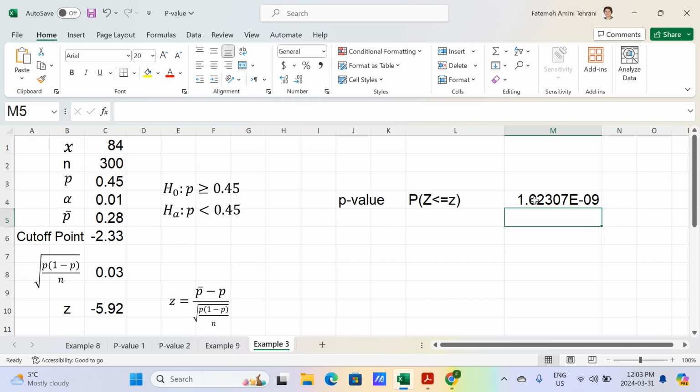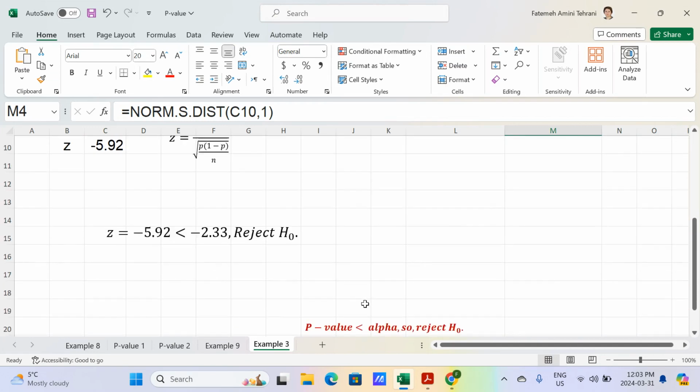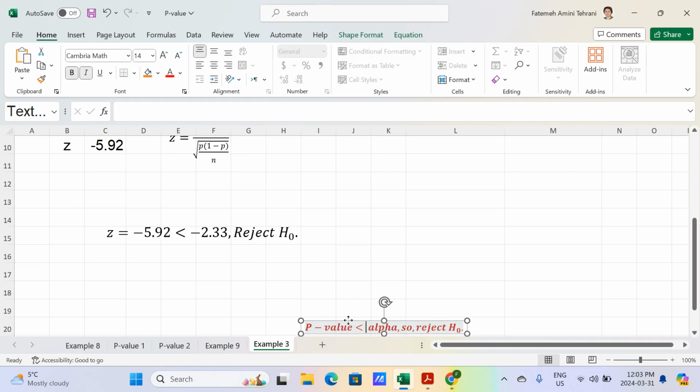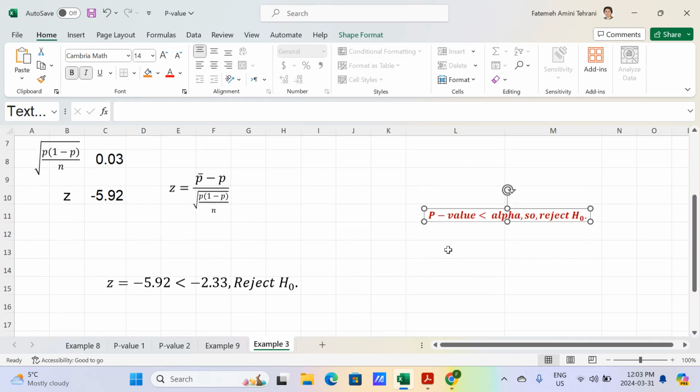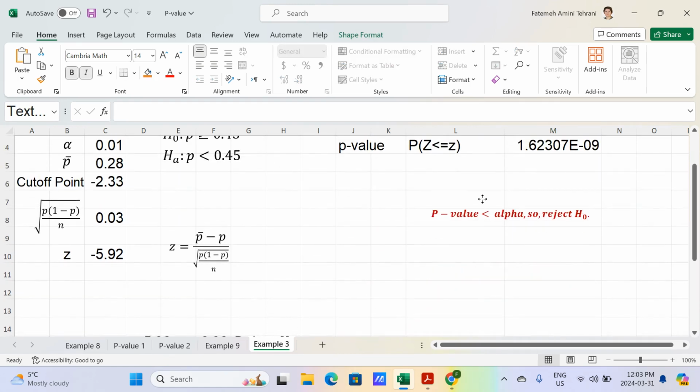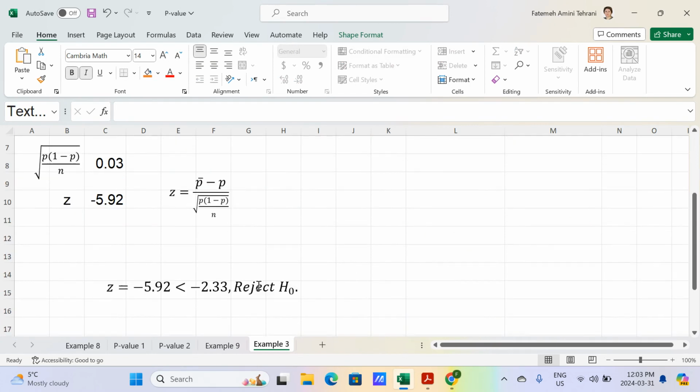When the p-value is small, almost zero, the p-value is less than alpha. Alpha is 0.01. The p-value is less than alpha because it is very small, almost zero. So we reject H0. By the p-value approach also, I concluded that I need to reject H0.